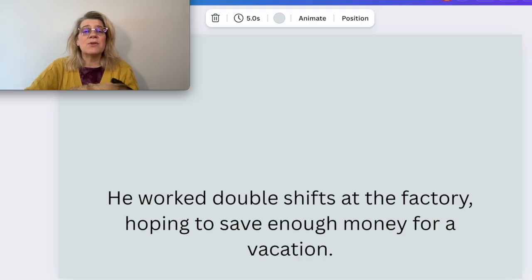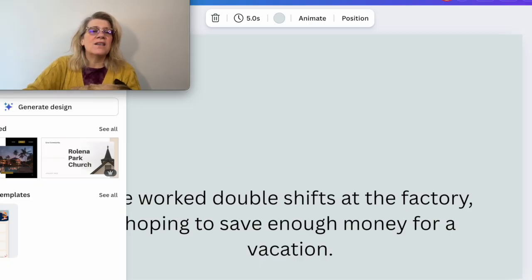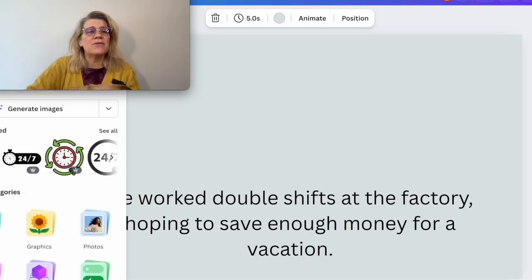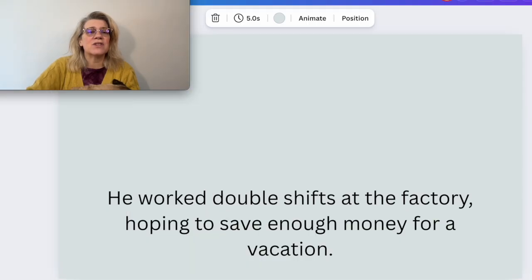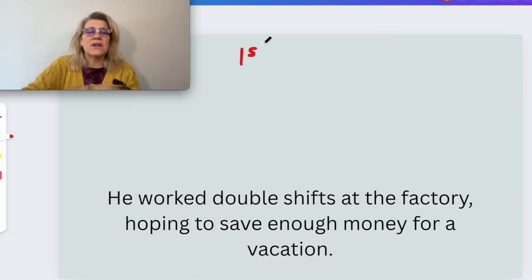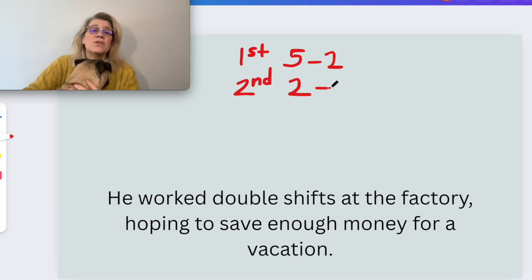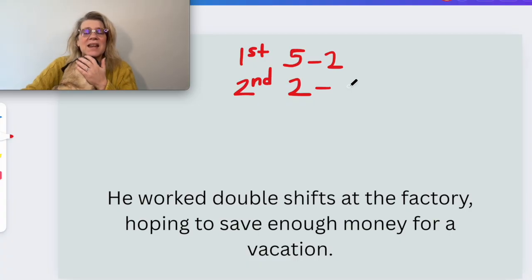Double. He worked double shifts at the factory, hoping to save enough money for a vacation. So factory shifts are interesting, and we call them first shift, second shift, and third shift. First shift is usually early morning, so it's usually like 5 a.m. to 2 p.m. Second shift is usually an 8-hour shift.